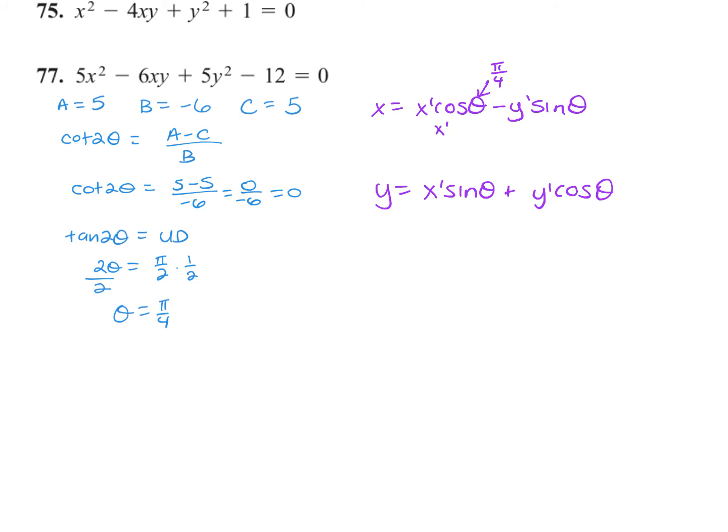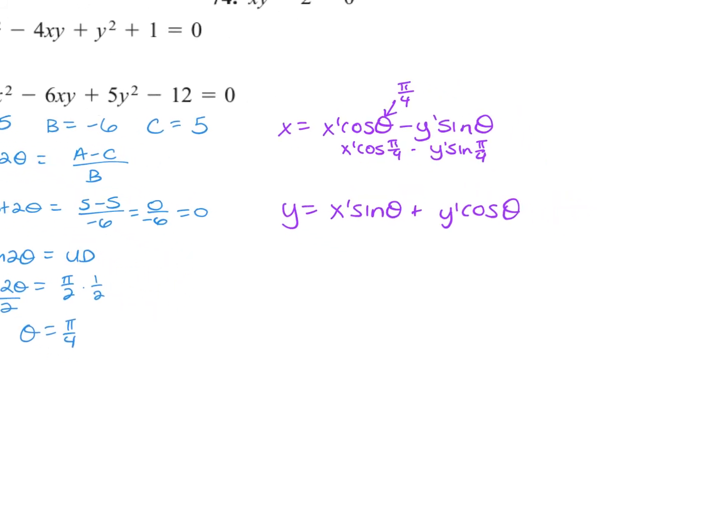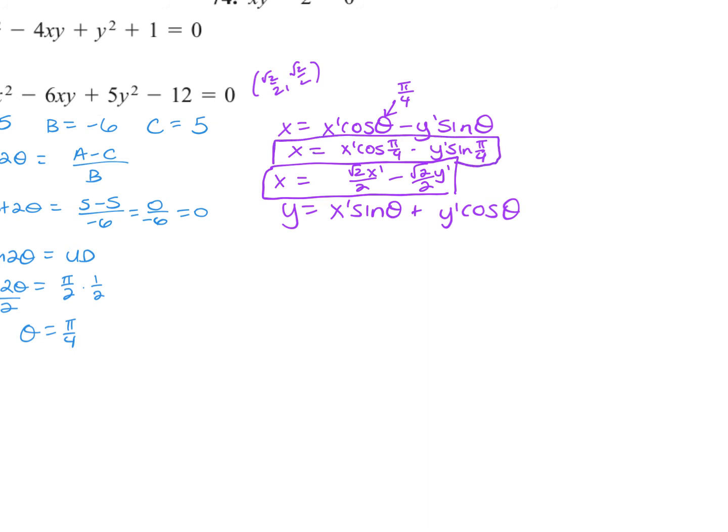So I could say x prime cosine pi over 4 minus y prime sine pi over 4. Cosine and sine of pi over 4 are both root 2 over 2. So I could make this root 2 x prime over 2 minus root 2 y prime over 2. So you have two choices of what to plug in for x. Either with the angle and then plug in the value, or you could plug in the value and skip that last step.